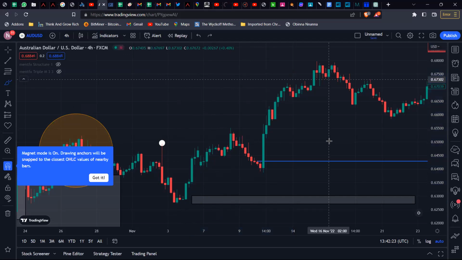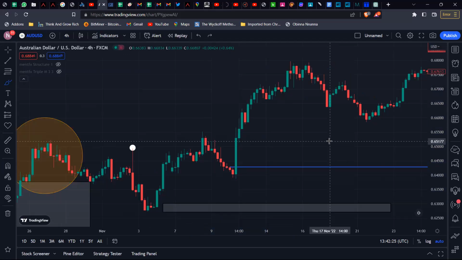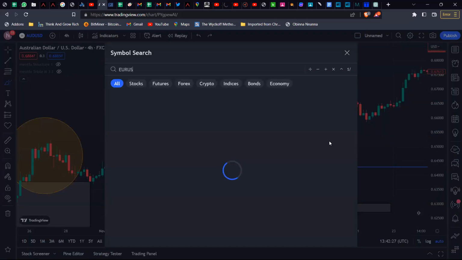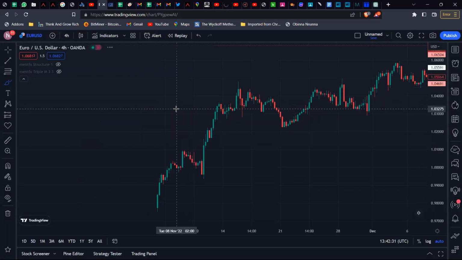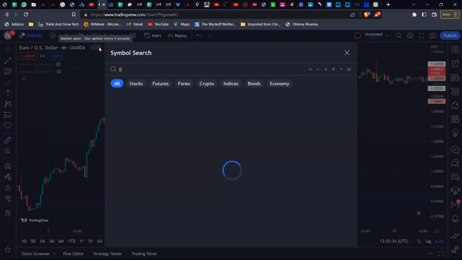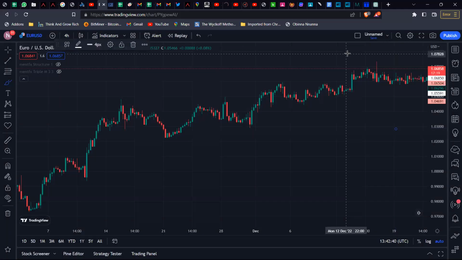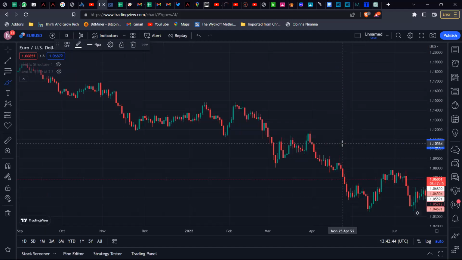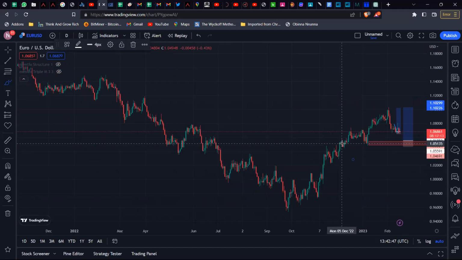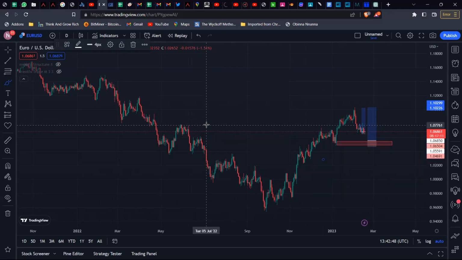Now, let me see. I think there's a good example of this on Euro USD that we can highlight. So for example, look at this chart here.